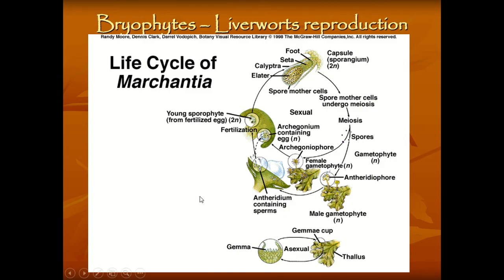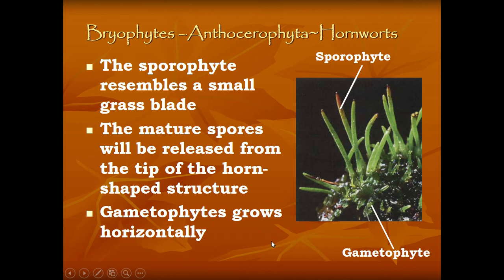As you can see here, the sexual reproduction of the liverworts looks almost the same as in mosses. However, in asexual reproduction, they have a thallus that will produce a gemma cup, which contains the gemmae, and these gemmae will be dispersed by the raindrops.